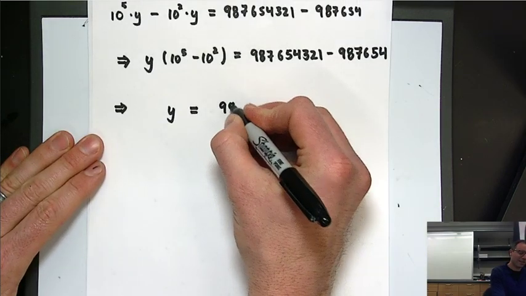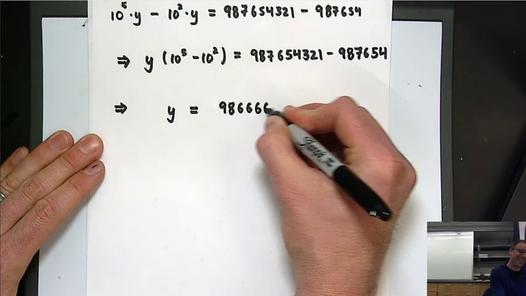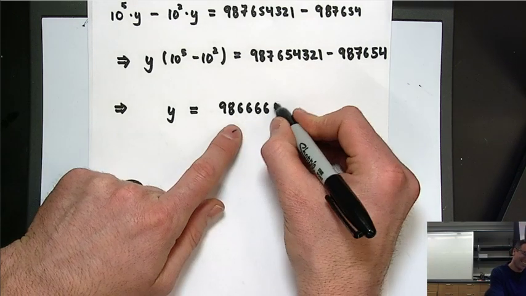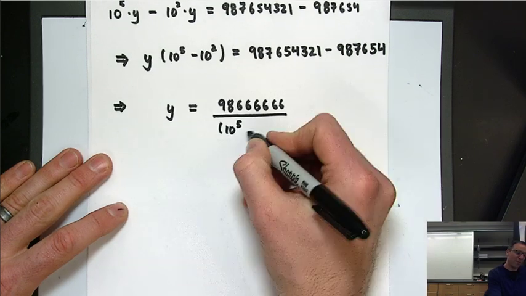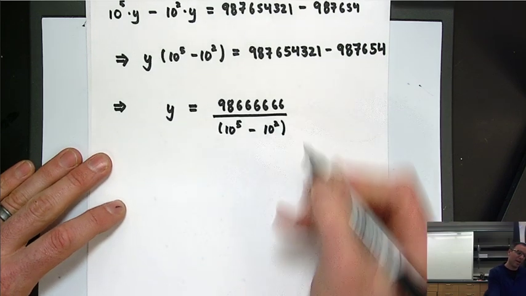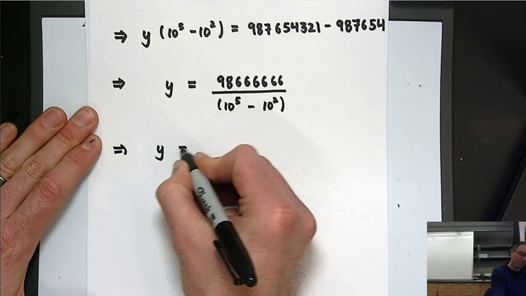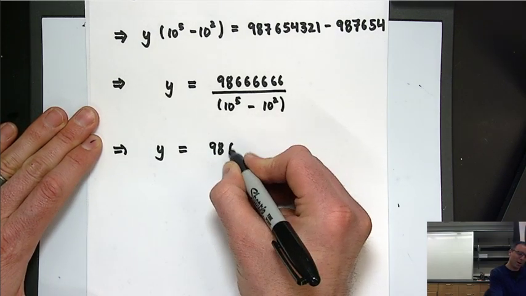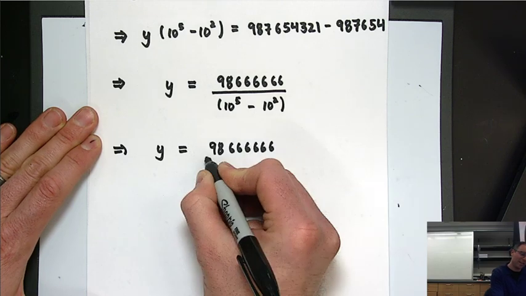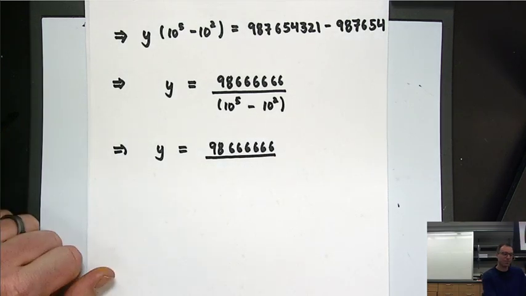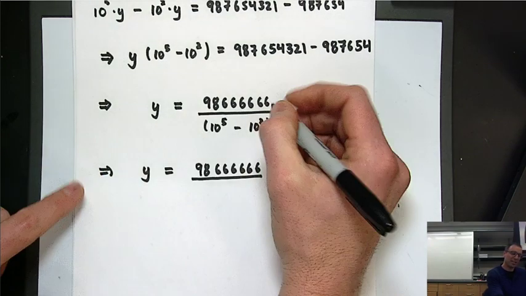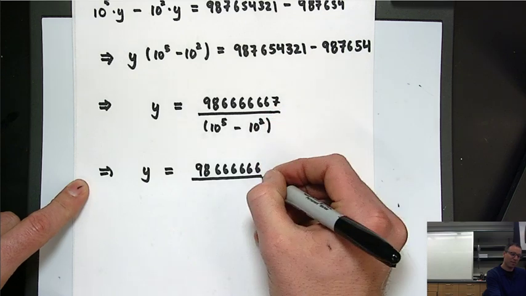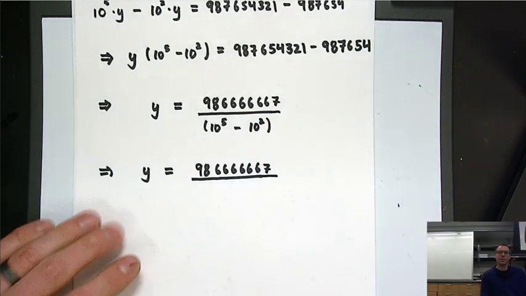9, 8, 6, 6, 6, 6, 6, 6, 6. How many sixes? 6 sixes? All right, awesome. How about on the bottom? 10 to the 5th minus. Okay, and what would that number be? So now I've got 9, 8, 1, 2, 3, 4, 5, 6. I think there should be a 3. There was an extra 7 at the end. So this is 6 sixes and 1 7, not rounding. Awesome. What about on the bottom?